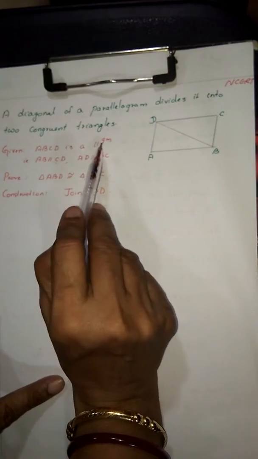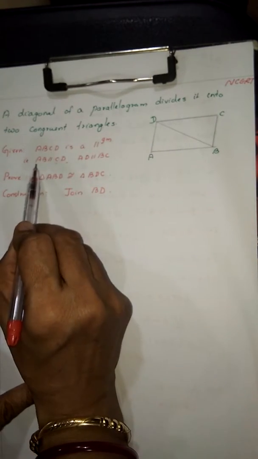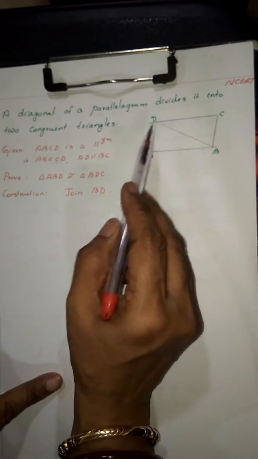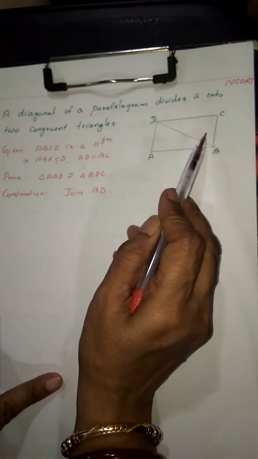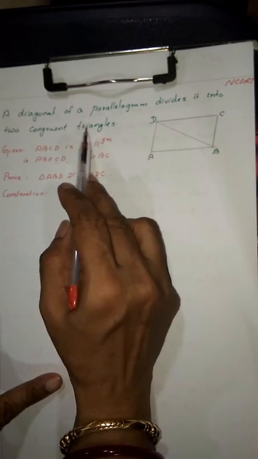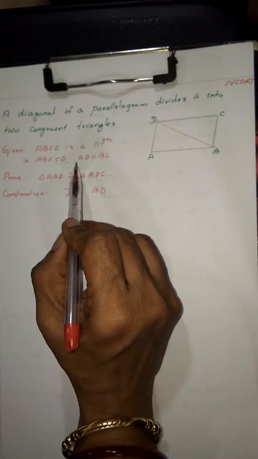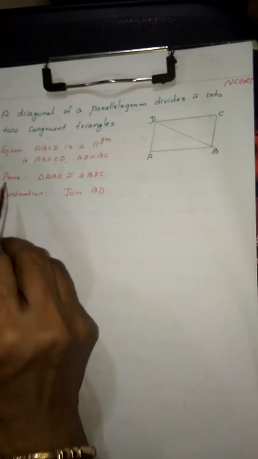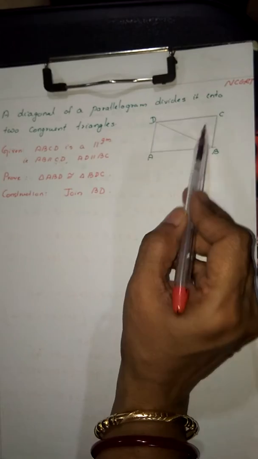We take the basic property that if AB is parallel to CD and AD is parallel to BC, then it is a parallelogram. We have to prove triangle ABD is congruent to triangle BDC.